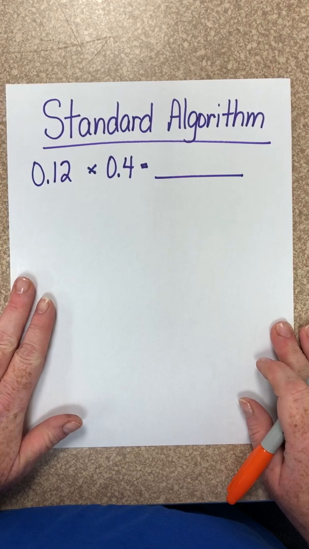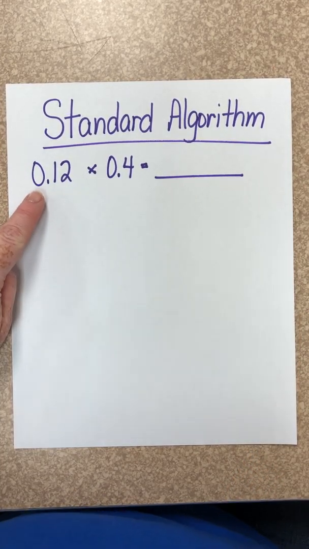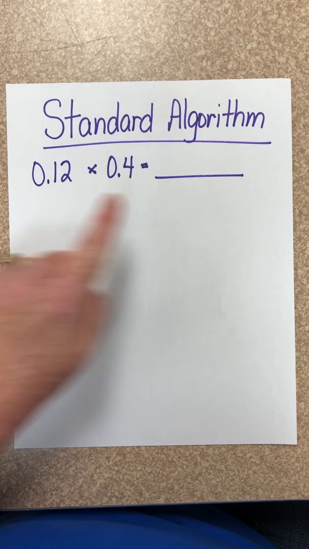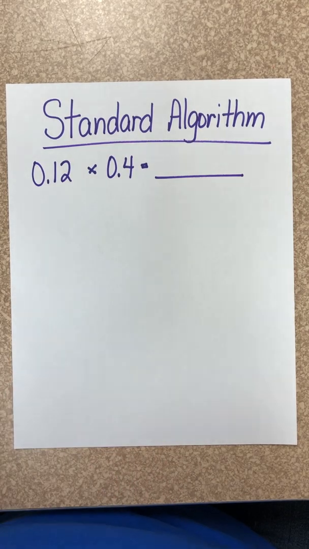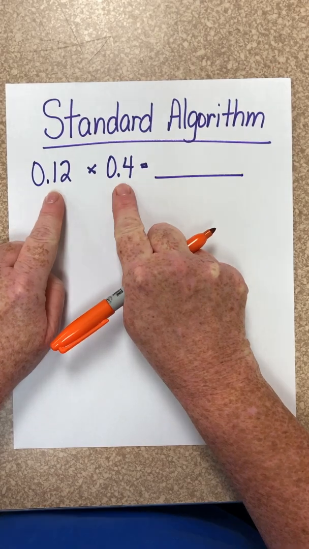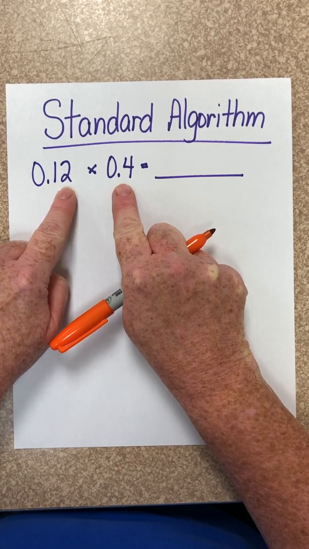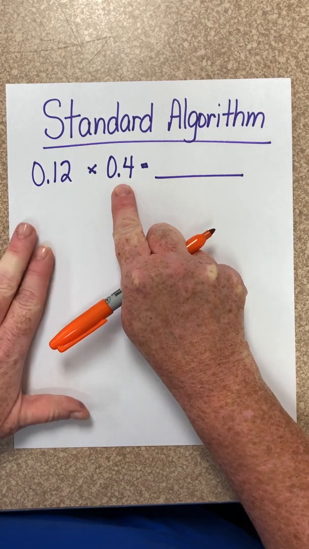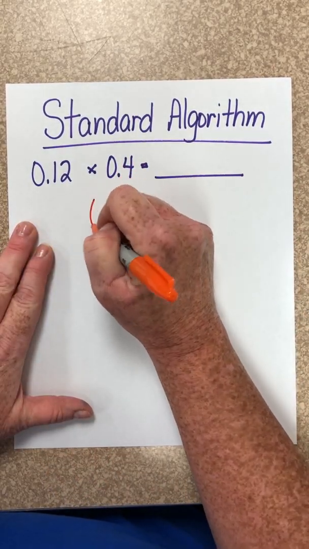Now let's look at an example using the standard algorithm for multiplication. The problem is 0.12 times 0.4, and we're going to find the answer, which is called the product. So when you multiply, you want to look for the number that has the most digits. Well, 0.12 has the most digits, so we're going to put that factor on top.